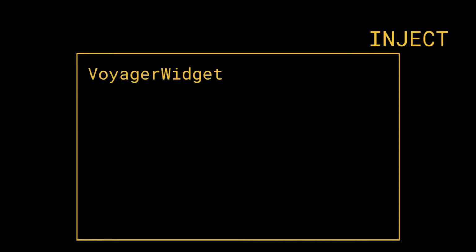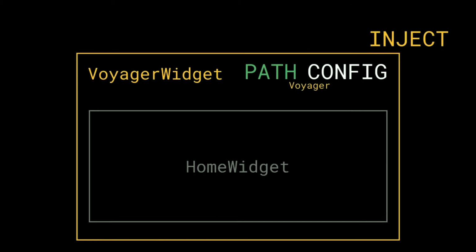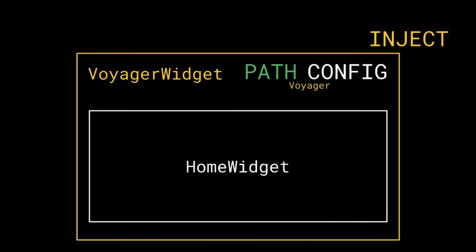Speaking about injection in the context of Voyager, what's actually happening whenever you embed a Voyager widget is you supply it with a path, and that will resolve a config. From that config, the Voyager instance is created. And this allows us to create the home widget internally and then, using provider, supply the Voyager instance to the home widget.